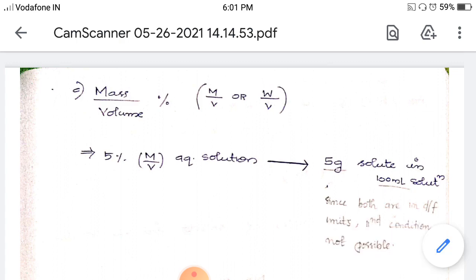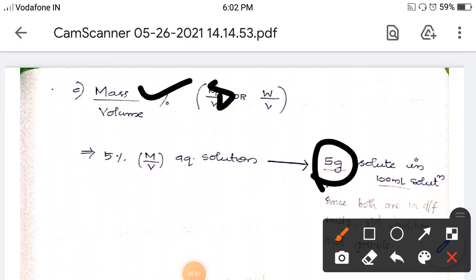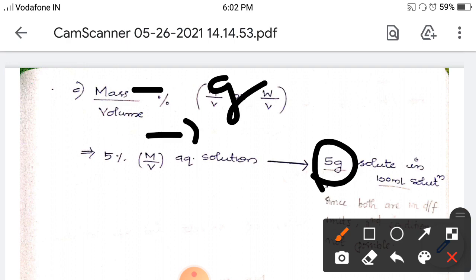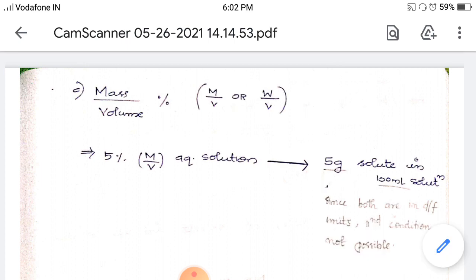Here the mass is expressed in gram and the volume in milliliter. You have to remember that mass is expressed in gram and volume in milliliter. So 5 gram solute in 100 ml solution.